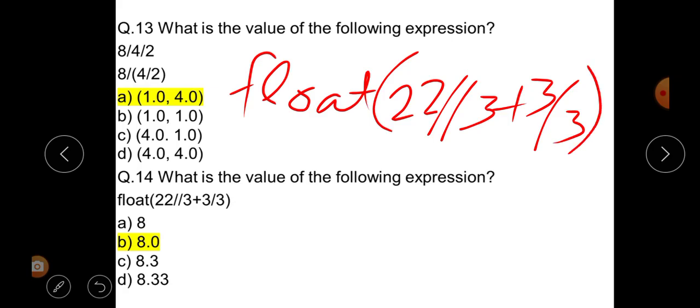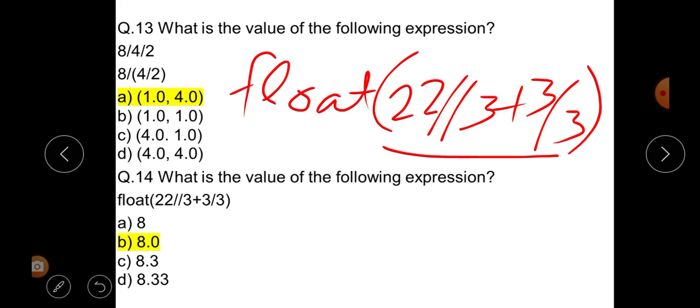And what is the meaning of this expression? First of all, we have to solve the parentheses first, and whatever value we get should be converted into a float value. Within the parentheses, as we know, only the division and the float division operators are there. So we have to solve it from left to right because both operators have almost the same precedence.